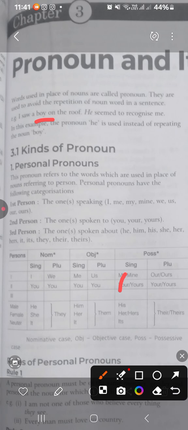In singular we say I, in plural we say we; in singular we say me in objective case, and in plural we say us. In singular we say my, in plural we say our. Like this. Also the second form is given here, and the third form is also given here.